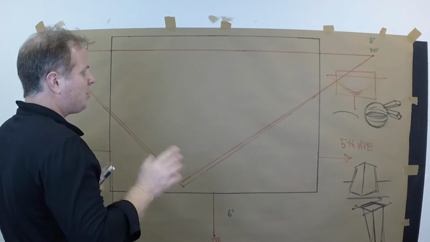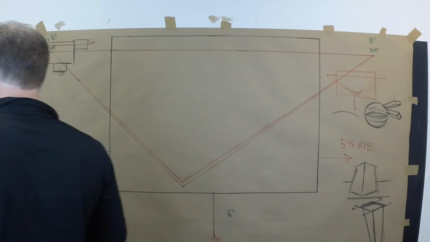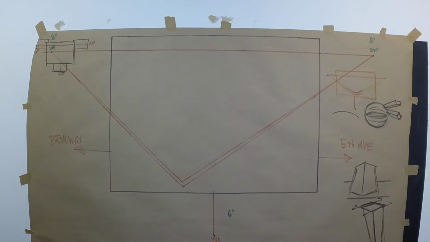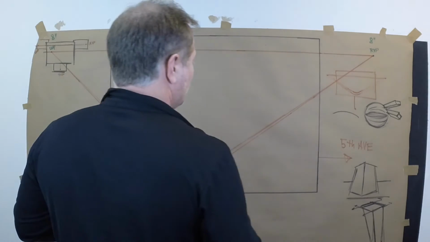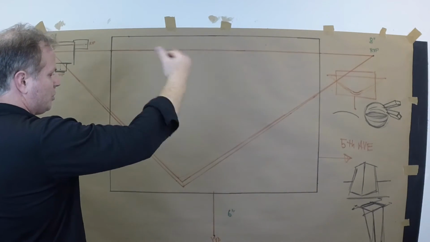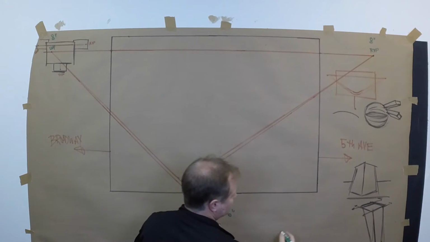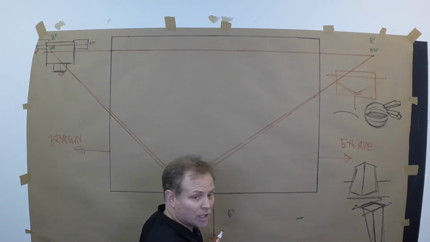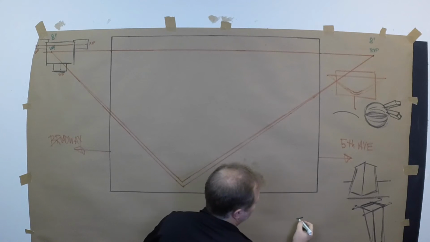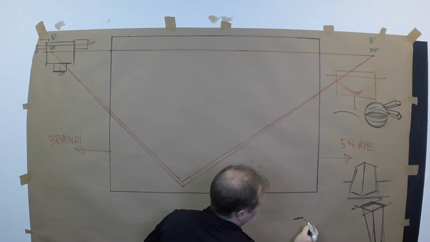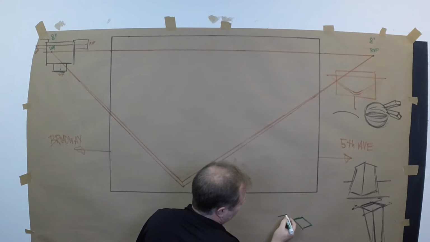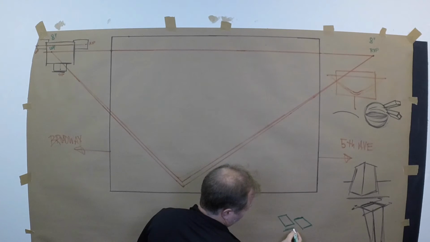Now, another thing that's going to be difficult for you to get in the beginning is as we develop our composition, we're going to be drawing the bottom of the boxes first, or excuse me, the bottom of the buildings first. And so what that means is we have to be careful when we're plotting out our bottom, our foundation. So it's going to look a little like this in the beginning.